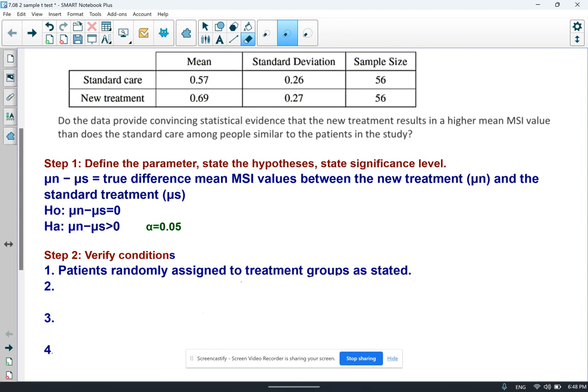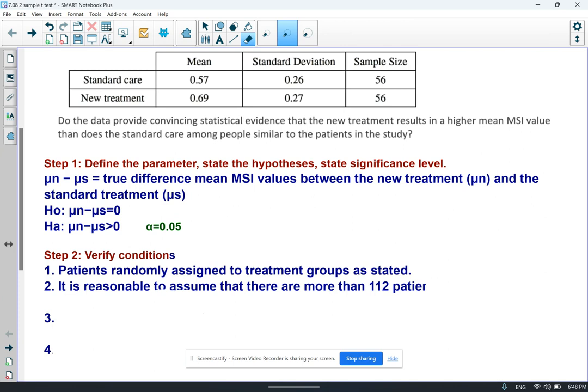The second condition, because you have random assignment, you don't really need the 10% condition, but if you're ever unsure, you can add it in. You're not going to lose points. So it's reasonable to assume that they're more than, I combined these two together because you're dealing with the same group of patients.